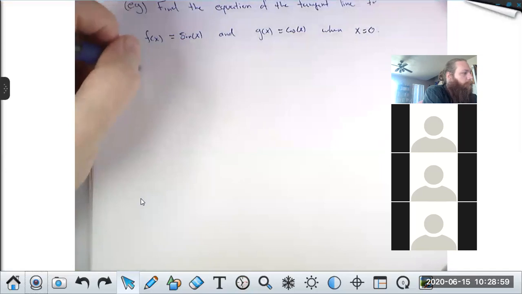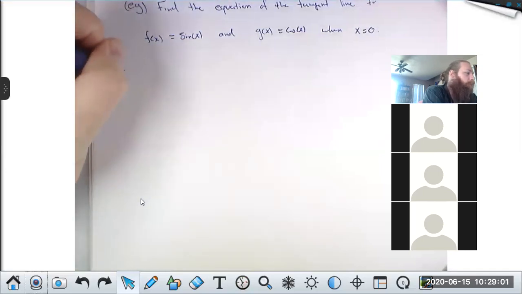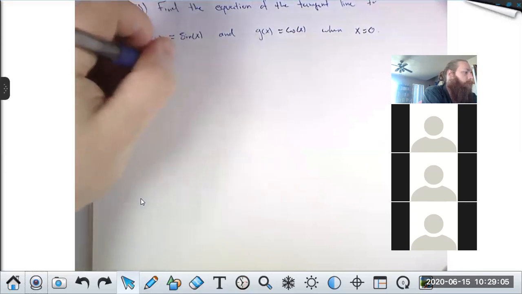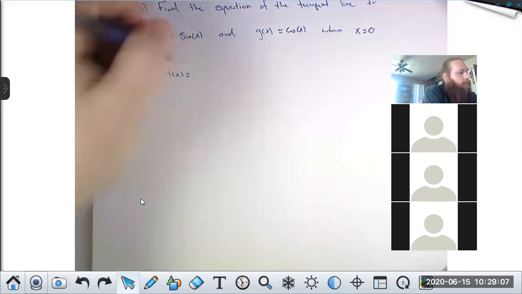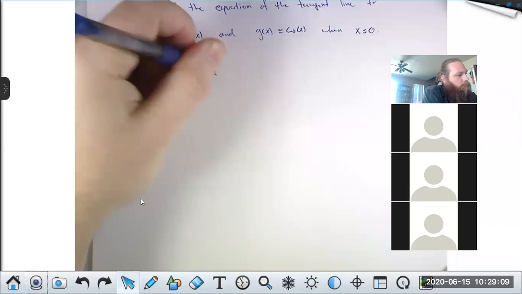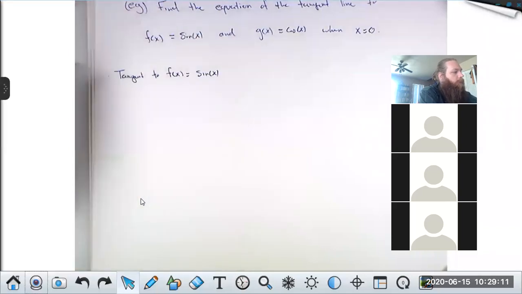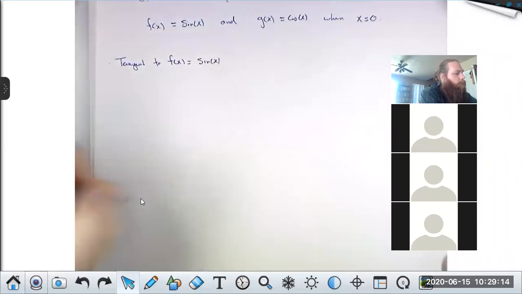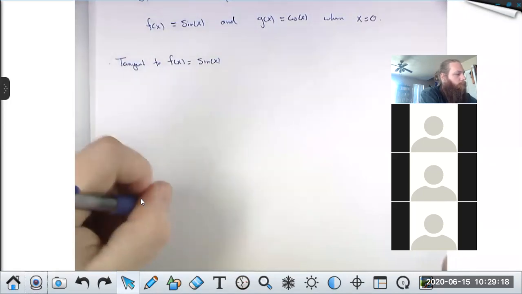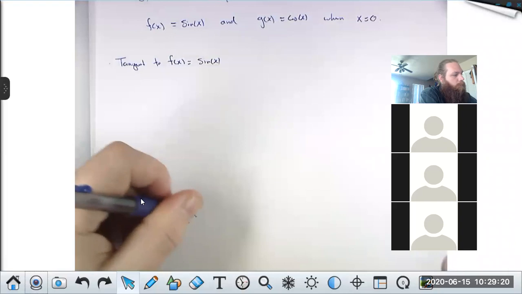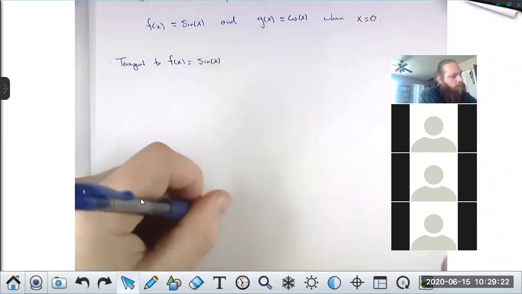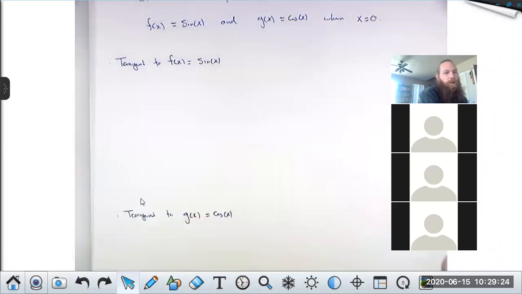Just practice using our trig derivatives. We need 2 things, right? I'll give myself space for both. So up here, I'm going to do the work for the first tangent line, and down here, I'll do the work for the second. Both of these, we need a point and a slope.